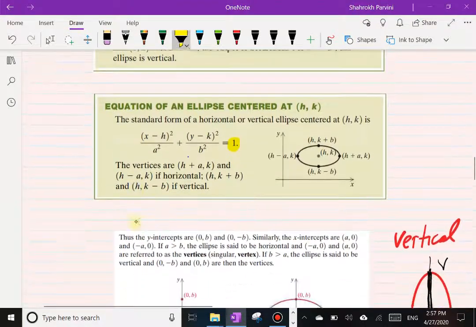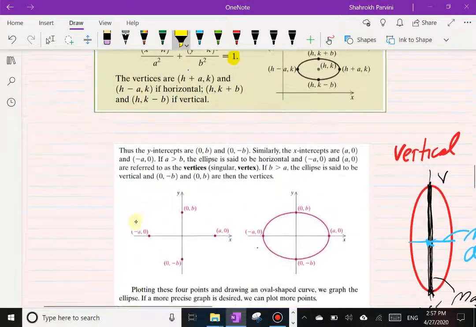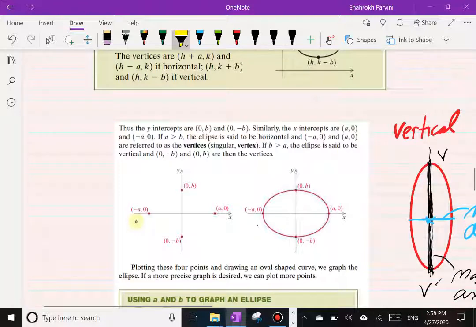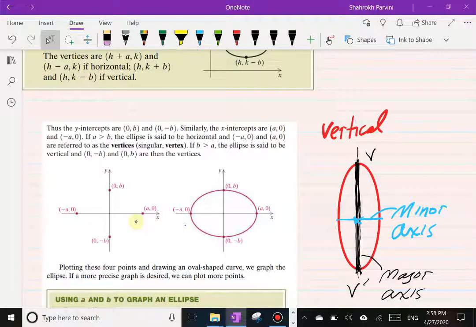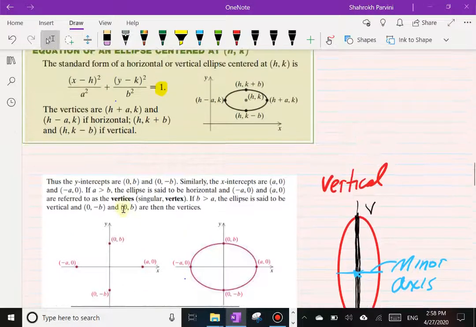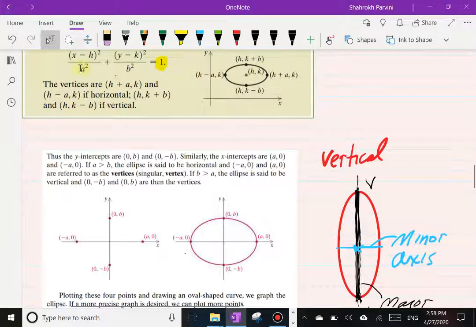So let's take a look at another item here about the ellipse. Here's how the A and B, by the way, work in relation to the ellipse. The denominator right up here is a squared. That goes with x. So that means from the center, you go to the right a units. You go to the left a units in a horizontal direction, because a goes along with x.